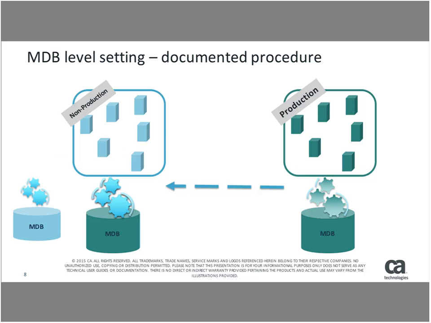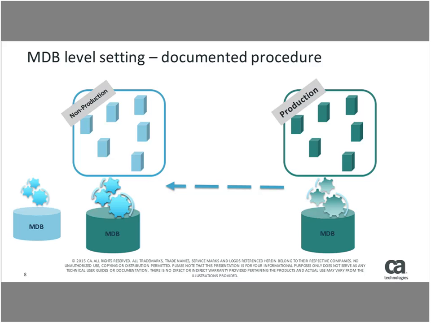However, since the MDB also contains a number of configuration and integration information, once the MDB is copied from production to a non-production environment or vice versa, the configuration information and the integration information that goes along with the MDB is typically not compatible with the target environment.